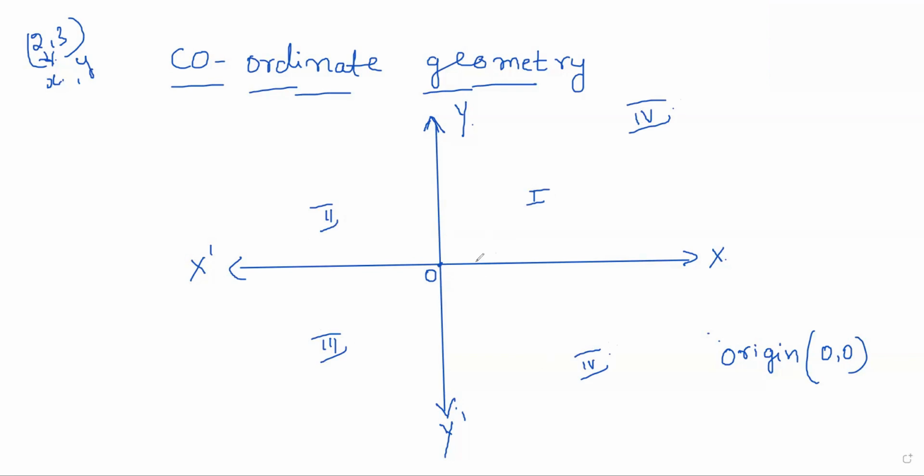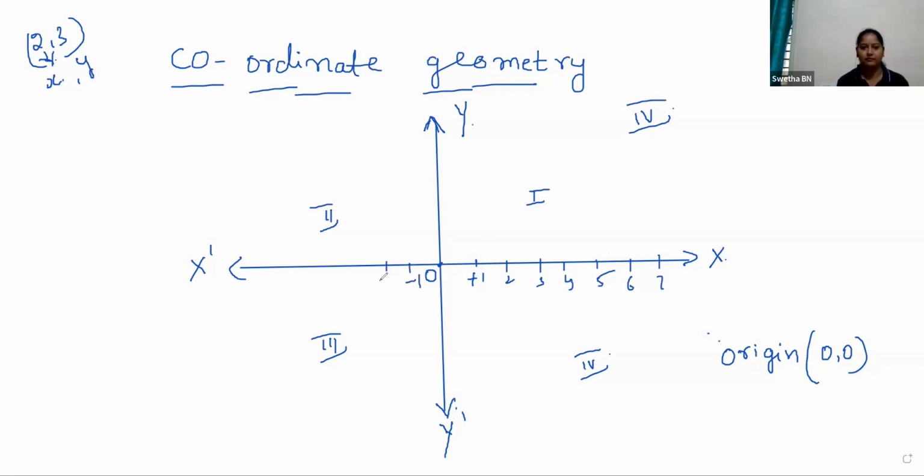Right side. Positive numbers 1, 2 towards the right and negative numbers towards the left: -3, -4, -5, -6, and -7.